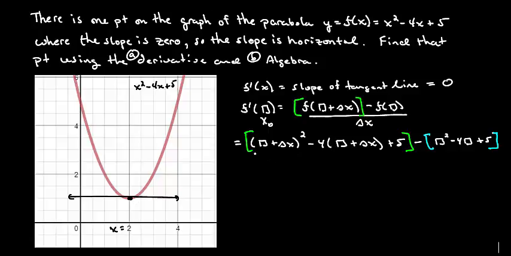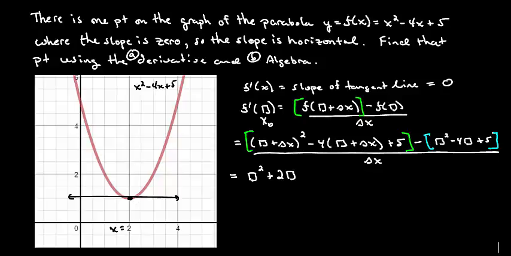And we're going to divide that whole thing by delta x. So what does this give us? That gives us this guy right here squared plus this guy times 2.